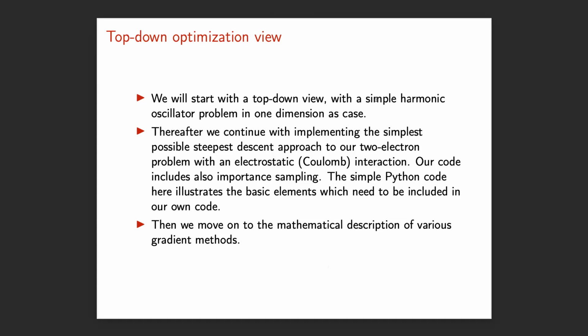So we're going to take a top down approach with a simple harmonic oscillator. So you see the basic ingredients, because that's something we can calculate analytically. And then we are going to look at how we can implement this for a quantum mechanical example, which in my case is just two electrons in a harmonic oscillator trap, plus a Coulomb interaction.